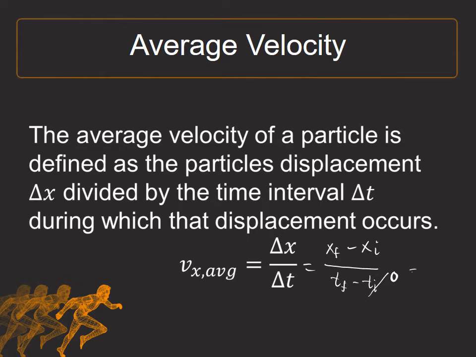Sometimes the authors of other books only write a single t, which means the time here is the final time, since the initial time is usually zero or the reference at 0 seconds. But basically, velocity or average velocity means the displacement all over the time interval.